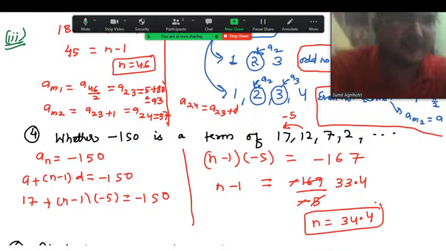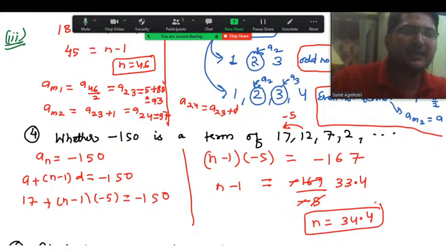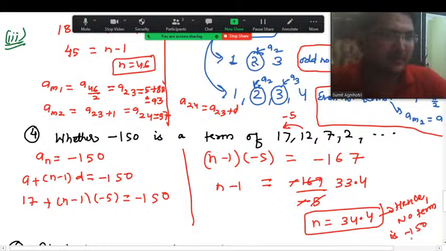It simply means that it's not there in the sequence, because you can't get a decimal term. Terms are the counting, that means they should be in integral form, and hence no term is minus 150. Okay, in this way we can conclude.